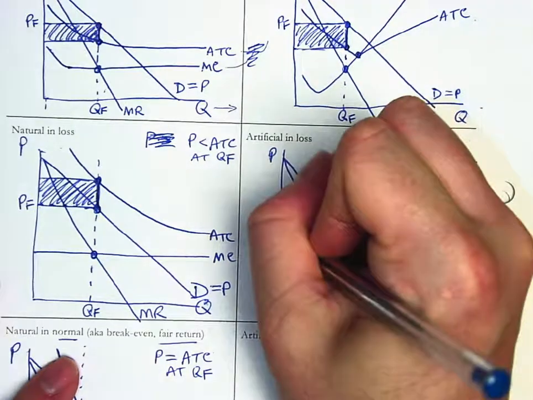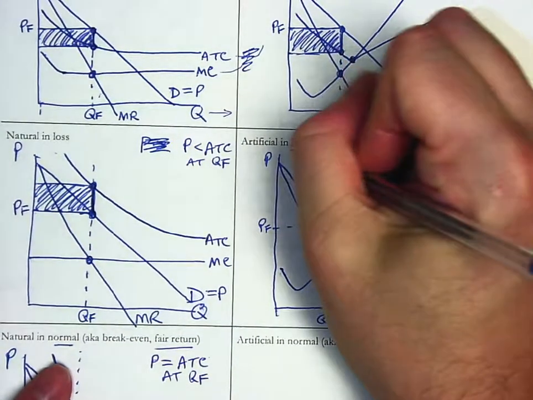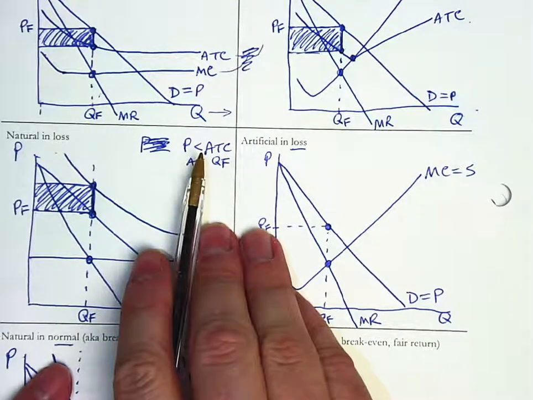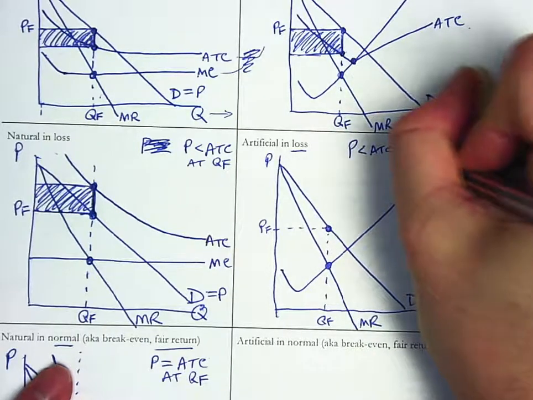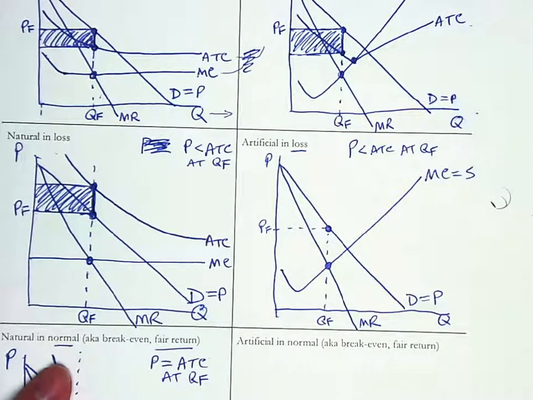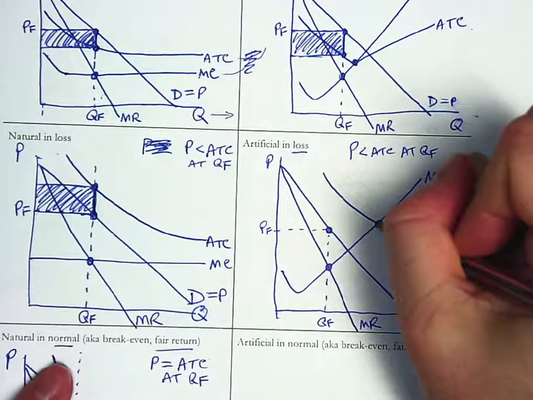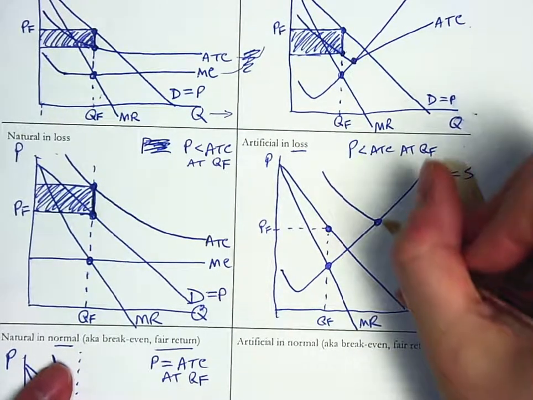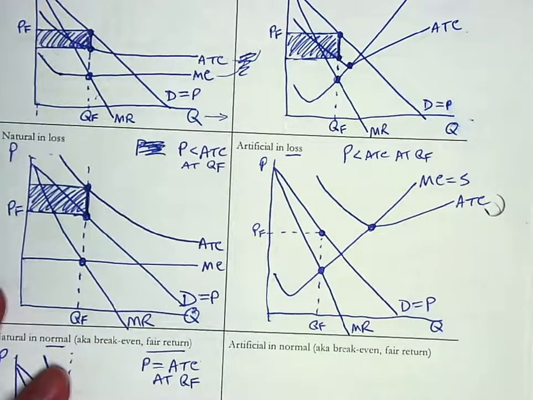Now, in a loss, the same loss condition applies: P is less than ATC at QF. So for this one, we're going to come down, just hit the minimum there, and come back up again, ATC.